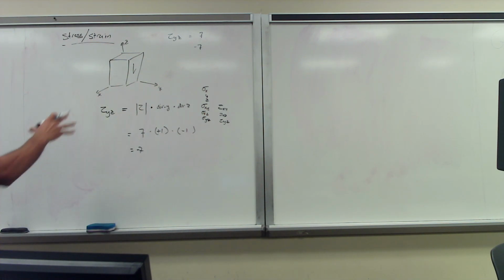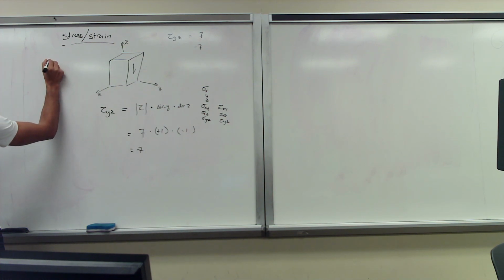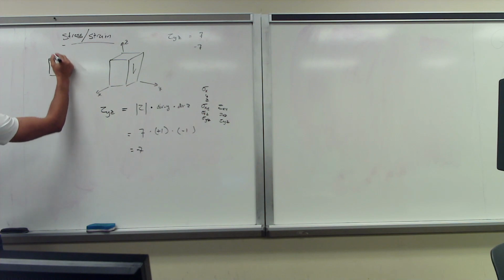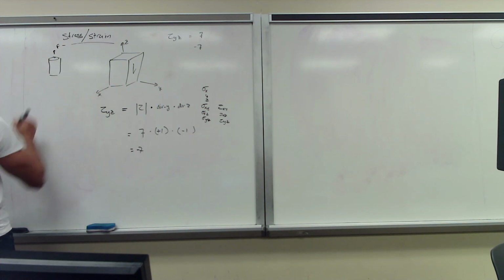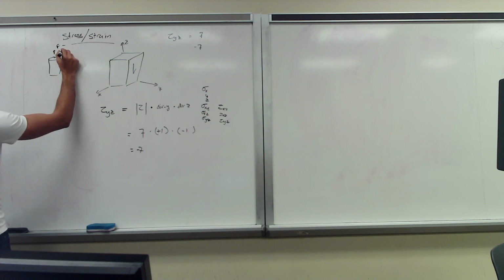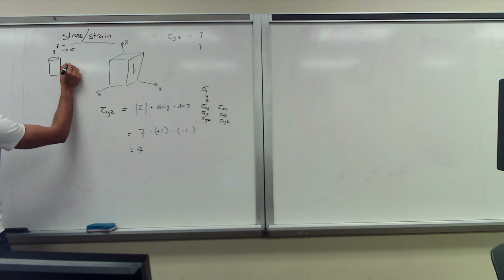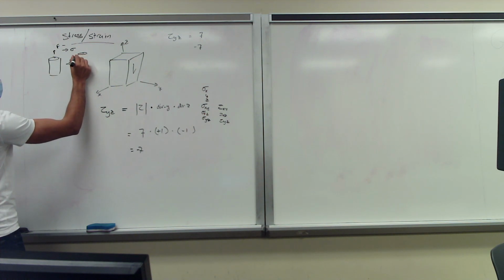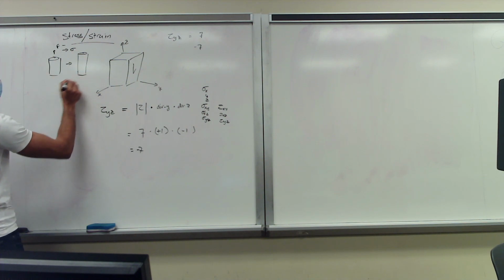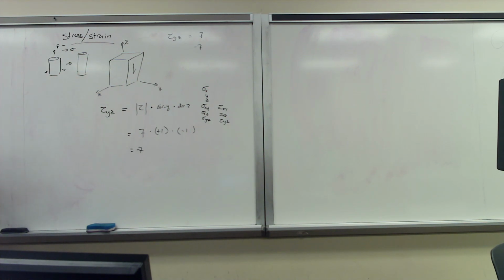So of course, when we go back to our rod or our cuboid, and we pull this, we can put an F force on it, we get certain stresses, and what we can see from experiments is that yes, we do get some stresses, but we also get some deformation. In this case it is slightly longer than our original one, and the width will be slightly contracted. So even if we put the force on it, we get stresses, but we also get some displacement.